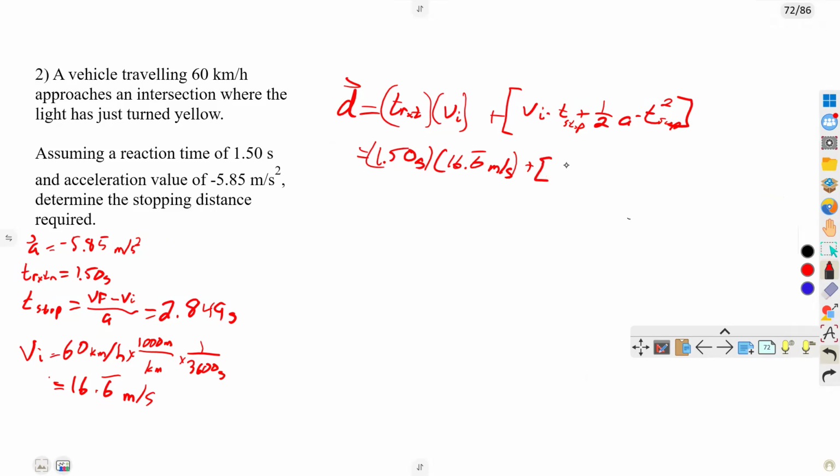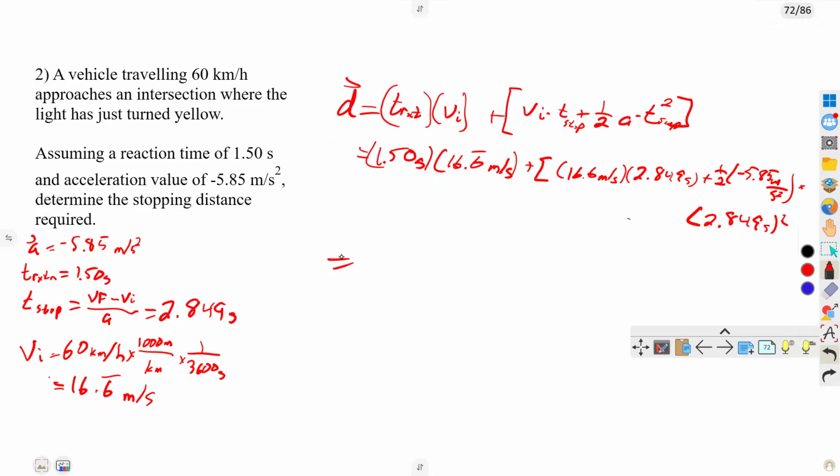We're going to add that to 16.6 meters per second times 2.849 seconds plus 1/2 times negative 5.85 meters per second squared times, ran out of room, so I'll just write it down here, 2.849 seconds squared.